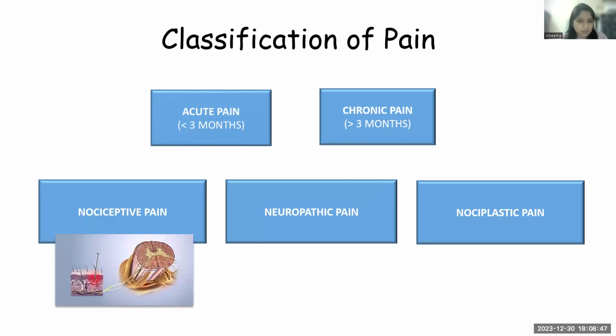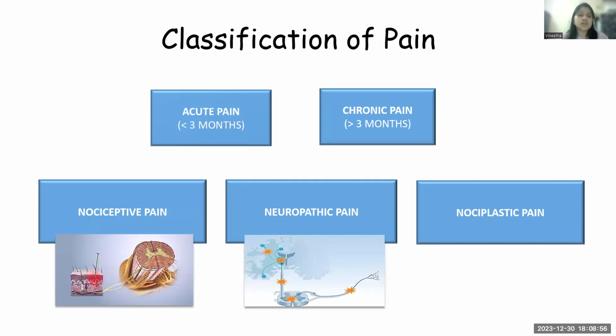Neuropathic pain, by the newer definition, is a lesion or disease of the somatosensory system. An identifiable noxious stimulus may or may not be there, but there is some lesion or disease of the somatosensory nervous system. And what is nociplastic pain?